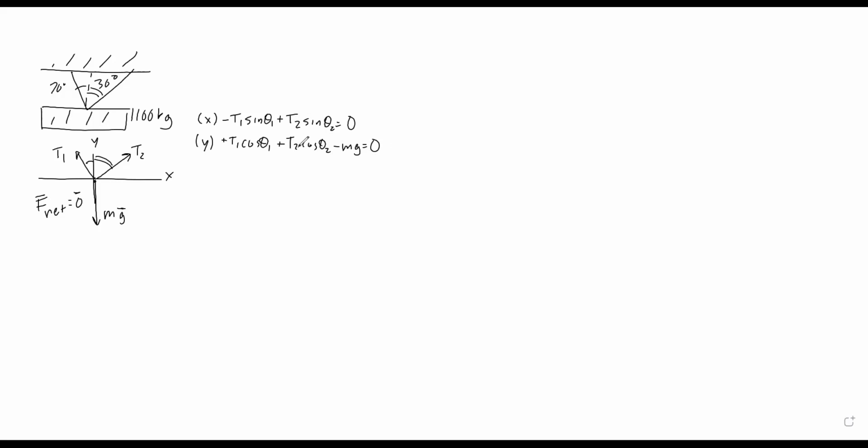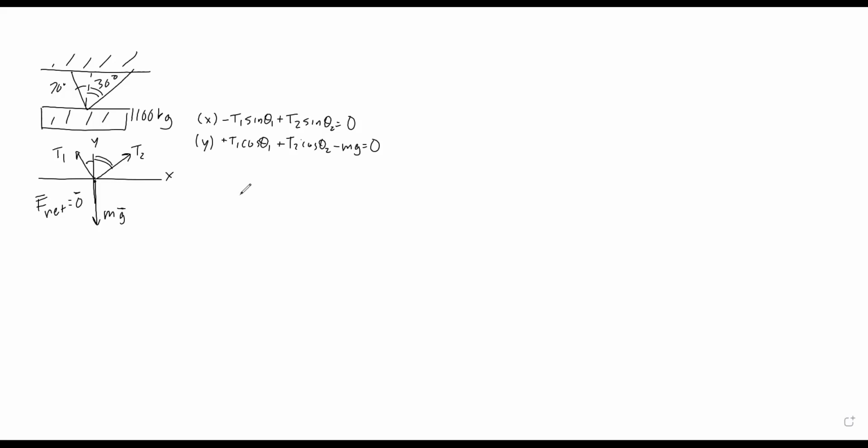That way, when I add these together, I get just T2. You can just do the regular old substitution method, which, say for the x, you can solve for T1 in terms of T2, and then plug that into there to solve for T2. So it's really up to you. We could just do the basic case.